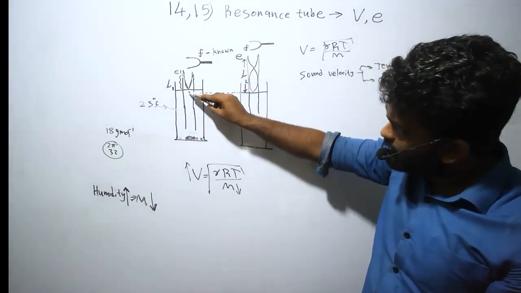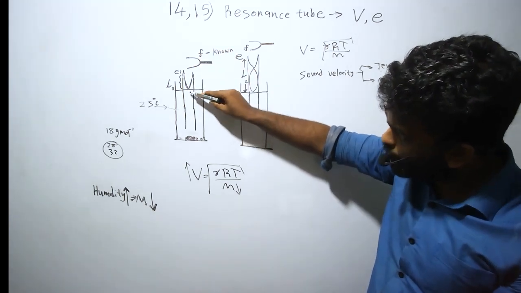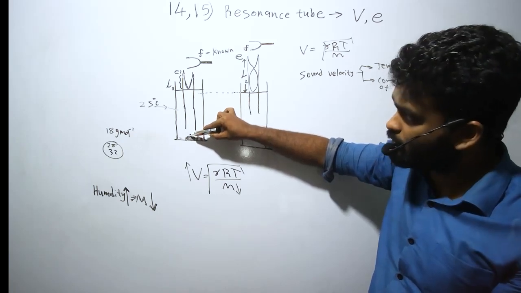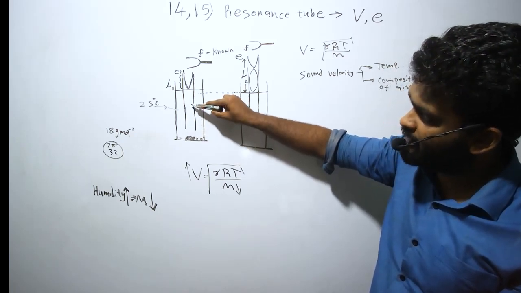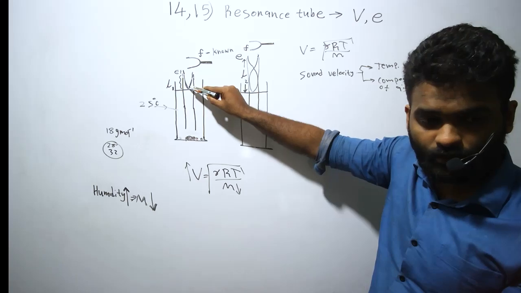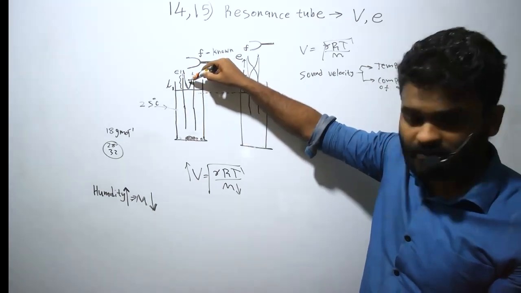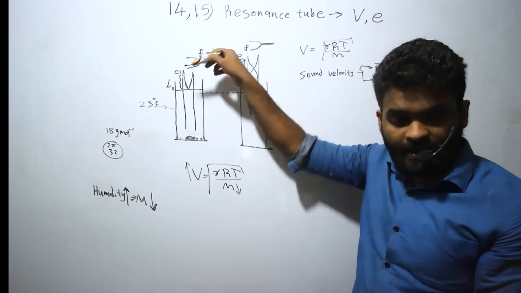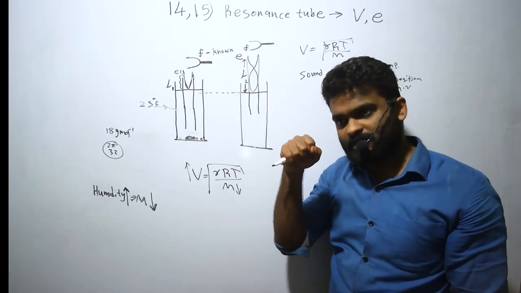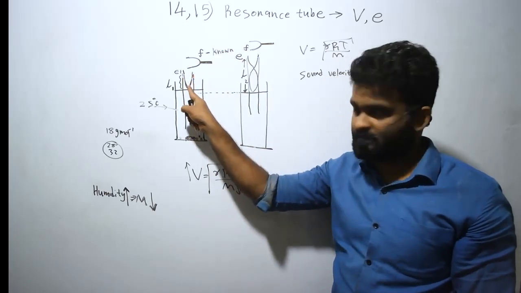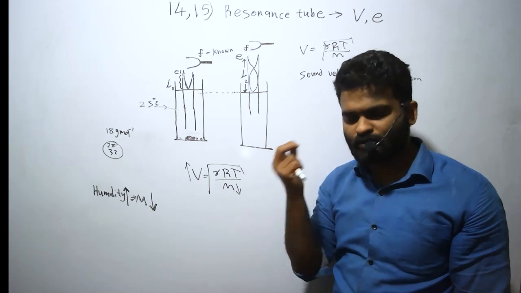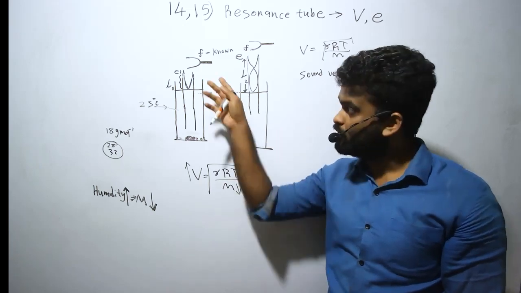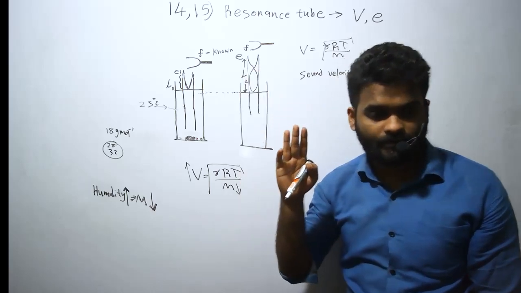Then another part gets refracted. It goes towards the bottom, reflects off the bottom and comes back. And again those waves can mix with this standing wave pattern, disrupting the wave pattern. So you wouldn't hear that sharp sound at the resonance.